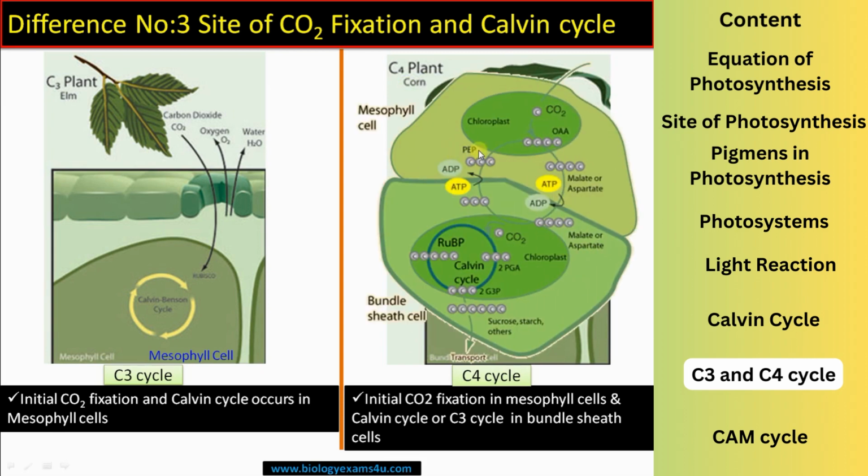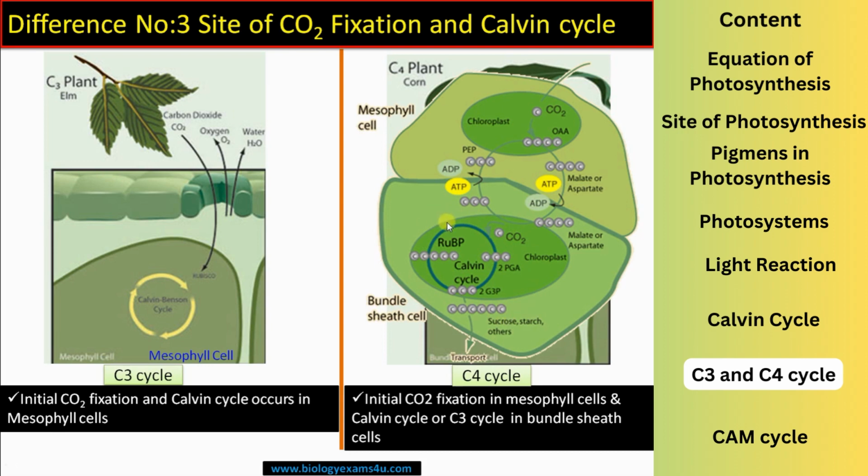Initial carbon dioxide fixation by PEP occurs in the mesophyll cell. Then that is converted to malate. Malate is transported to the bundle sheath cell where carbon dioxide is decarboxylated, so that carbon dioxide is made available for the Calvin cycle. So in bundle sheath cells, carbon dioxide is accumulated.